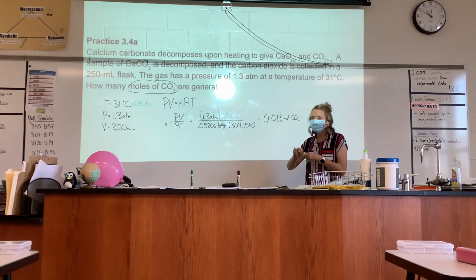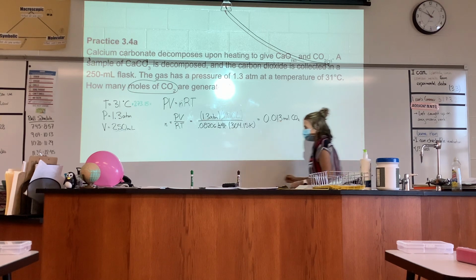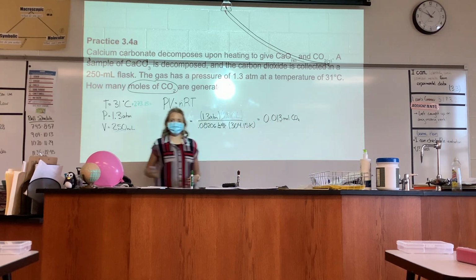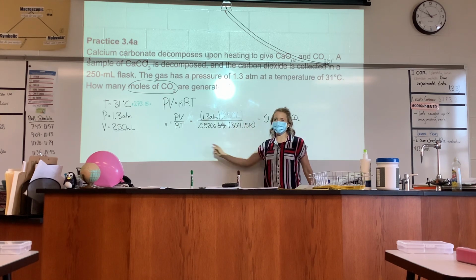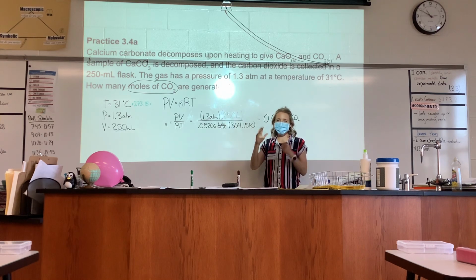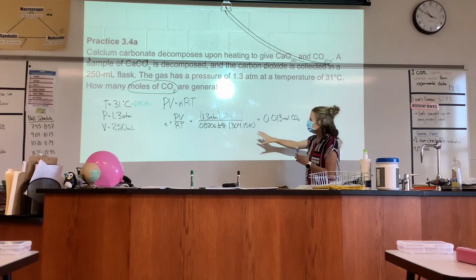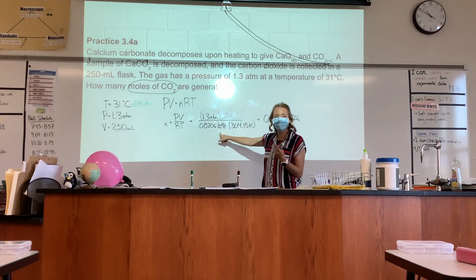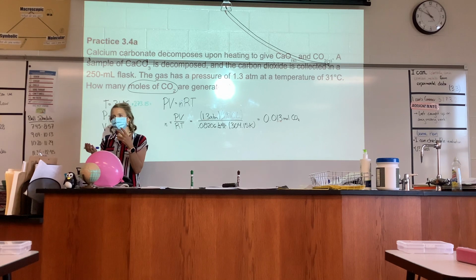Now I want you to notice something here, everybody, with this equation. Give me your eyes up this way. When you track the units, everything should cancel except for the unit you want. So in my problem here, and it's going to be based off of R, units cancel when they're in opposite places, right?